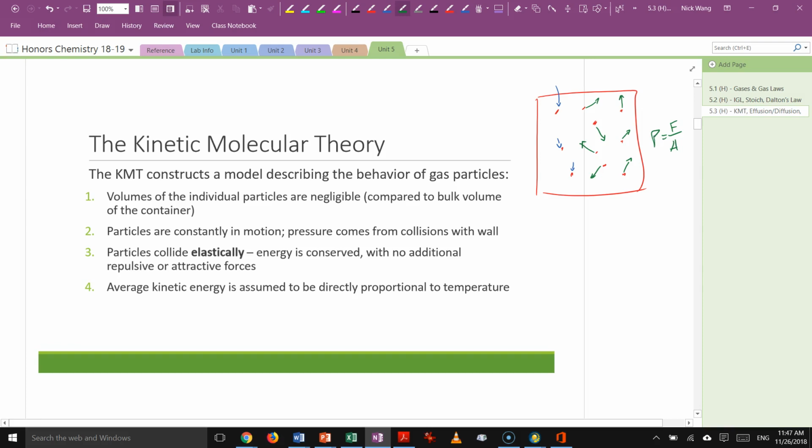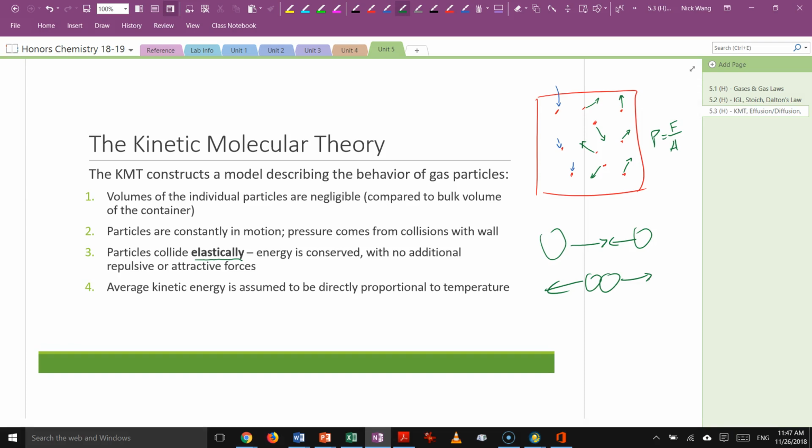Part 3. Particles collide elastically. Now, this is a new term to us, where it says energy is conserved with no additional repulsive or attractive forces. The idea here is that when two particles bump into each other, they collide elastically, meaning the resulting bounce, as they go away from each other, isn't affected by any kind of additional forces.